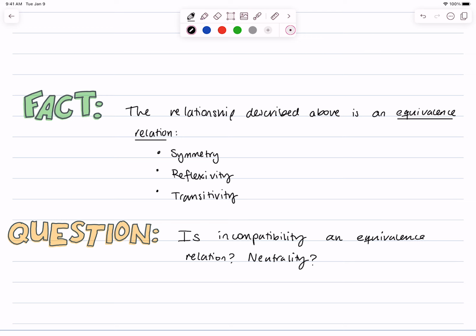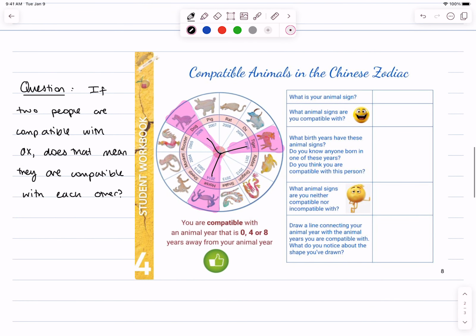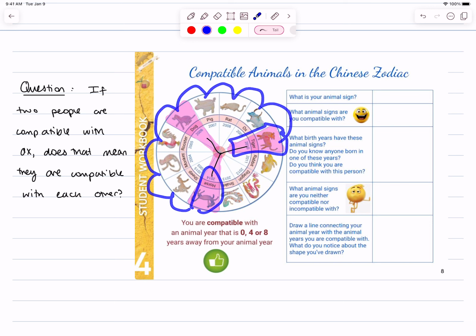Symmetry means that X is compatible with X, right? So up here, I said, oh, look, I'm a tiger. I'm compatible with myself because that's year 0. So you're always compatible with yourself. You have symmetry. Reflexivity is when if X is compatible with Y, then Y is compatible with X. So if tiger is compatible with horse, does that mean that horse is compatible with tiger? Well, I think so, right? Because if you start at horse and you count 1, 2, 3, 4, 5, 6, 7, 8, you get back to tiger.